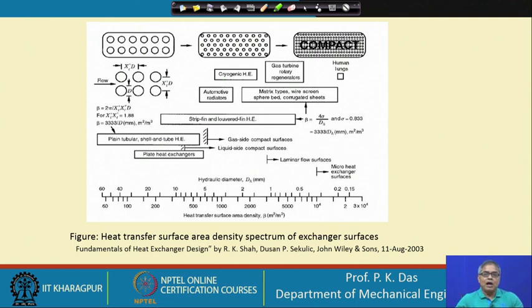So, you see this is a very important aspect, and one needs to understand that if we improve the compactness of the heat exchanger, the heat transfer increases enormously, and within a small volume, we can transfer more heat.